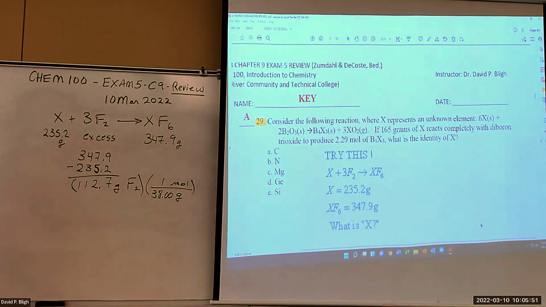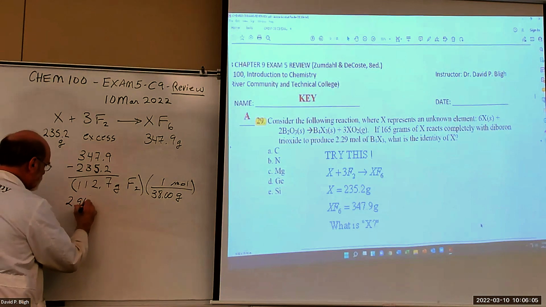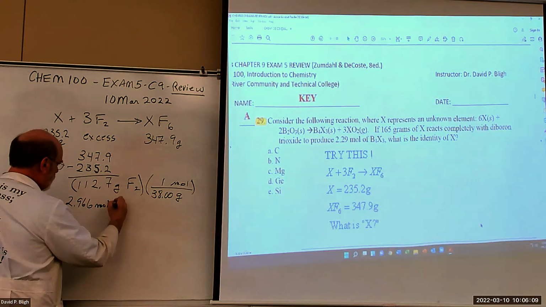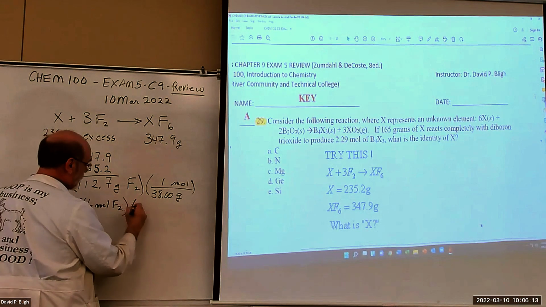So 38 divided into 112.7, and I get 2.966 moles of F2.